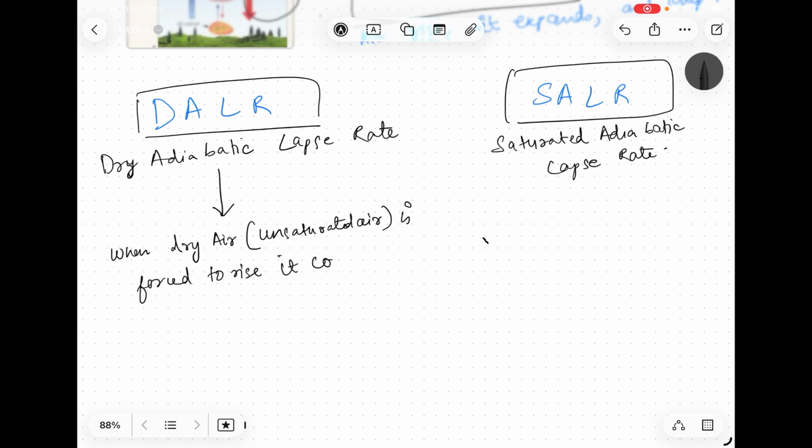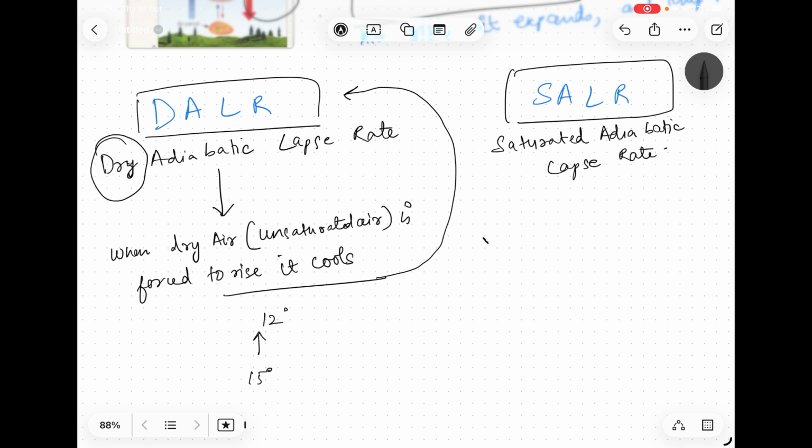When it goes up, it will expand and it will cool, and when it's cooling at a rate, that is known as the adiabatic rate, because it's getting colder. Maybe it was 15 degrees here, now it's gone up, it's become 12 degrees. So the temperature is decreasing, it's becoming colder, and that is known as the dry adiabatic lapse rate. Why dry? Because the air is dry, there is no moisture, and this lapse rate is actually 3 degrees Celsius per 1000 feet. So you have to remember this value.